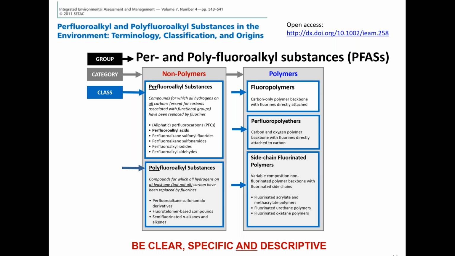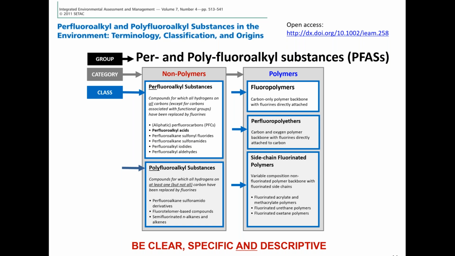And the reason why they're important is they're the body of substances that are potential precursors for the stuff that's just above them, and we'll talk about that. On the right-hand side, we have three different general classes of polymers: fluoropolymers, high molecular weight materials like PTFE, perfluoropolyether polymers, which you may not be familiar with, but you're going to be after today, with your high molecular weight ether-based polymers, very similar in properties to fluoropolymers.